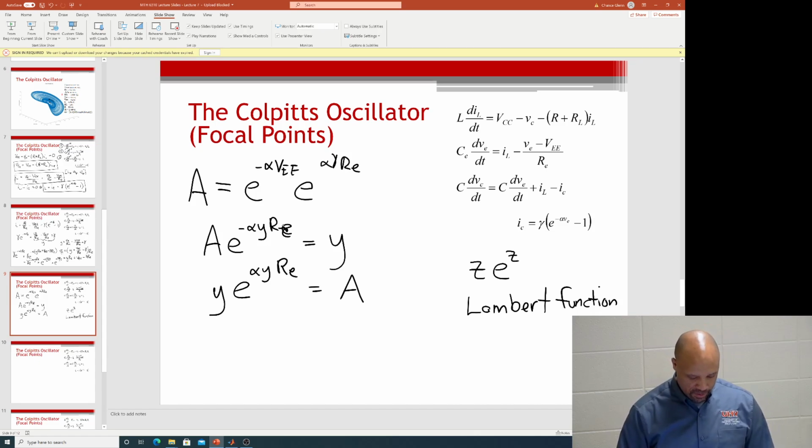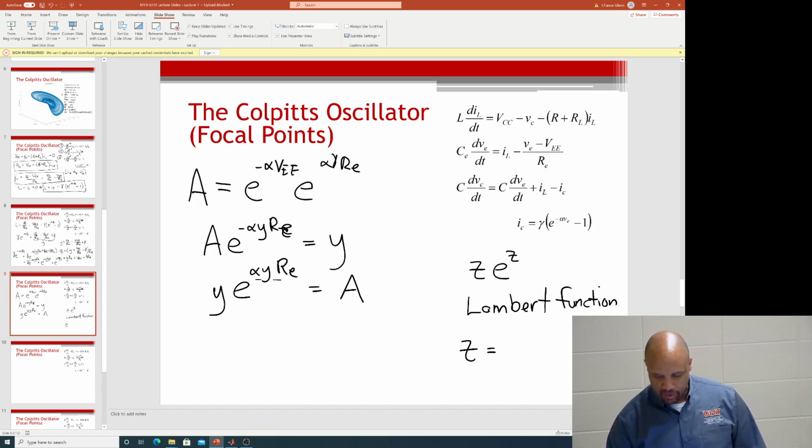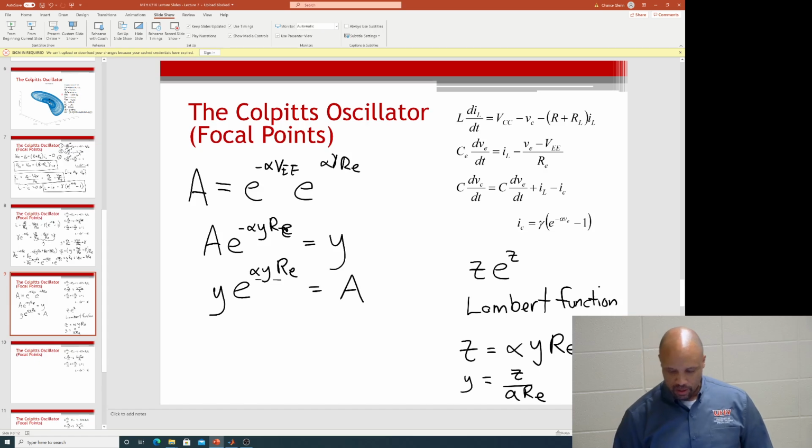So let's allow z to be all of this right here. So let's say z is equal to alpha y RE. Then that means that y is equal to z over alpha times RE.